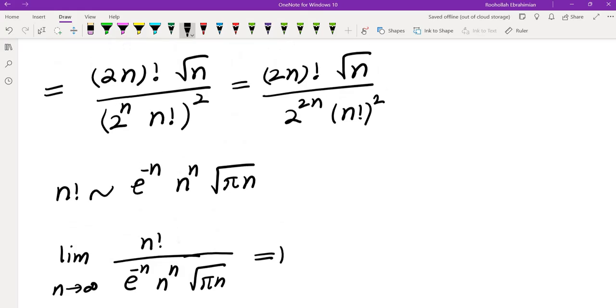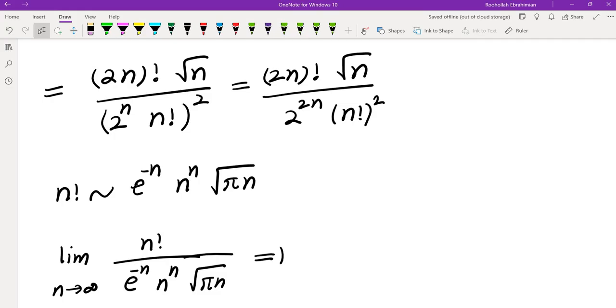How would that help? Well, if we apply this approximation to both n factorial and 2n factorial, the limit is going to be some certain value, and hopefully that value is less than 1 over root 3. And if the value is less than 1 over root 3, then the quantity would be less than 1 over root 3 for infinitely many values of n.